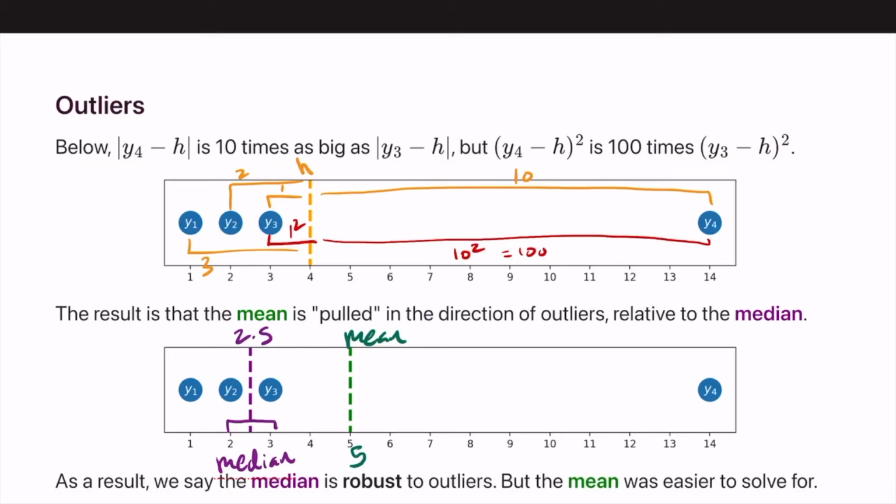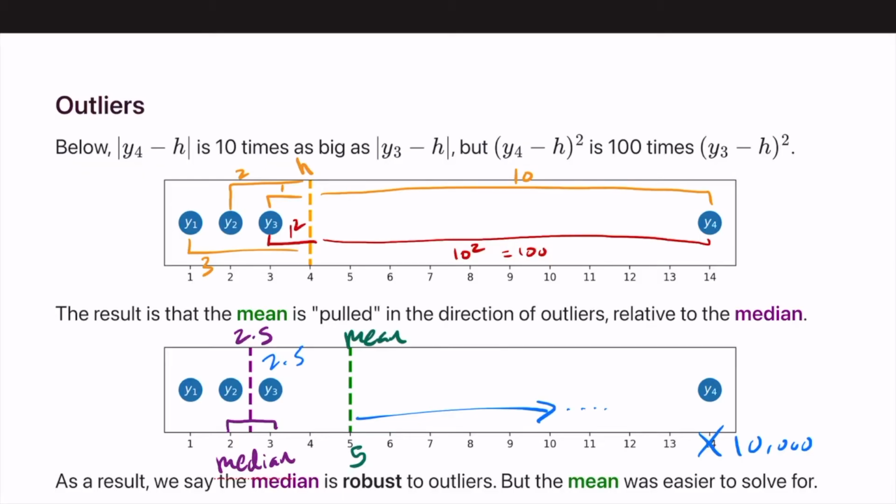We could put really any value that we wanted for Y4. Y4 could be 10,000, and the median would still be 2.5, but the mean would be greatly shifted over to some number way out there. So this is what we're talking about when we say that the median is robust to outliers.